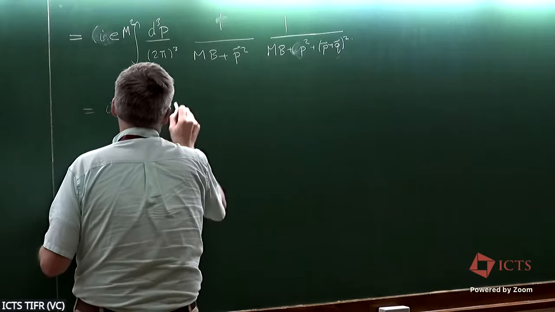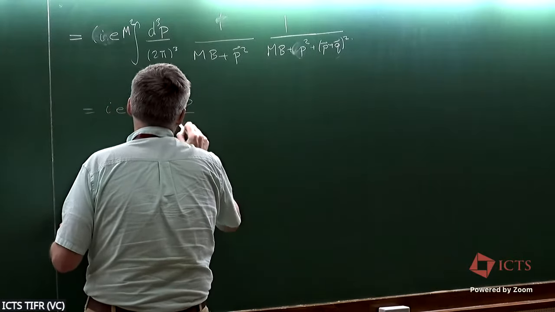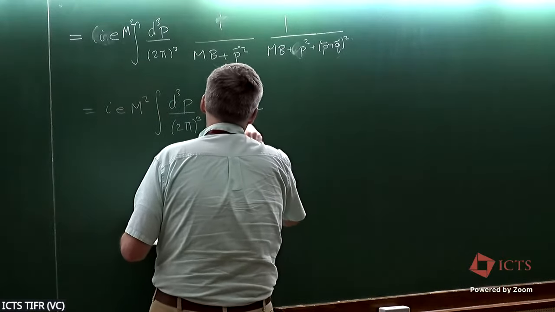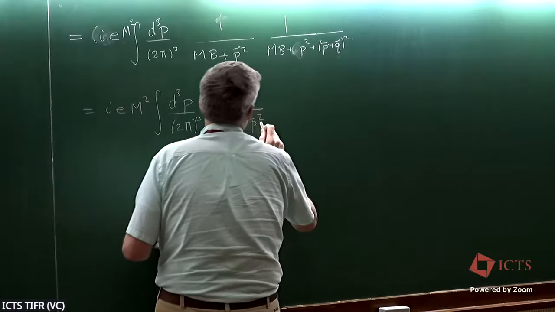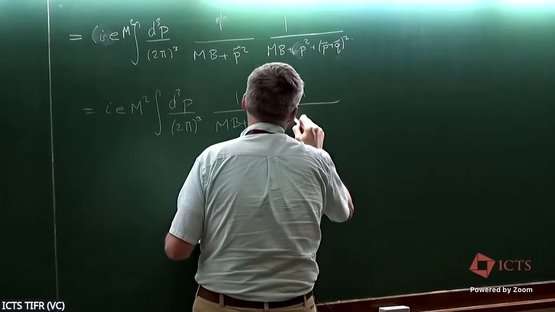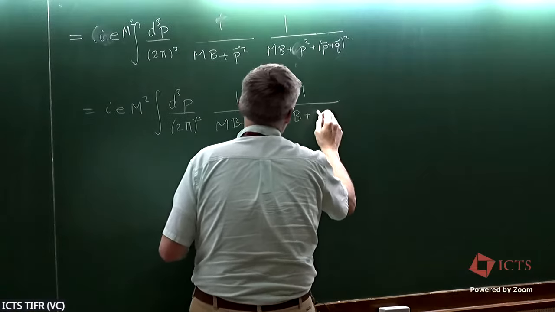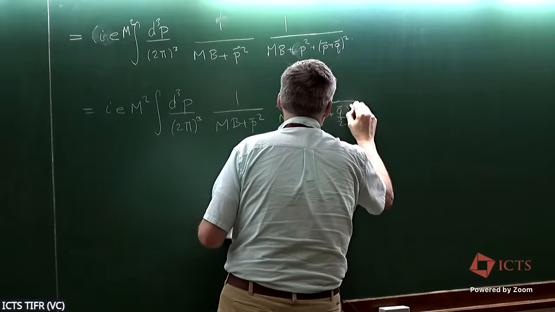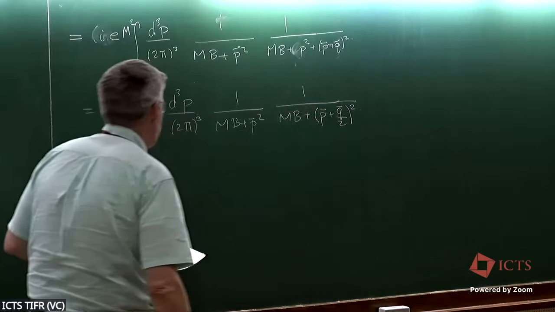I'm going to drop the terms of order q squared because they're small. And so if I do that, I can complete the square here and write this as mb plus p plus q/2 all squared.